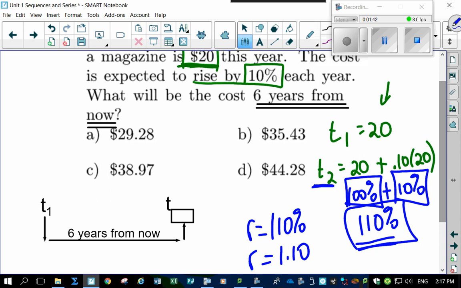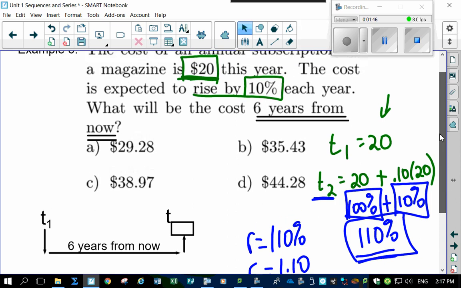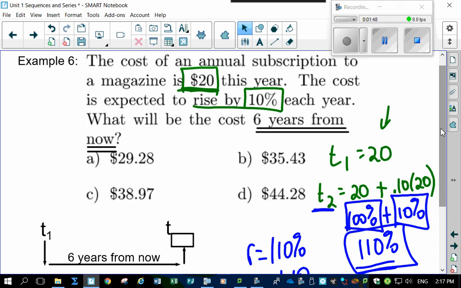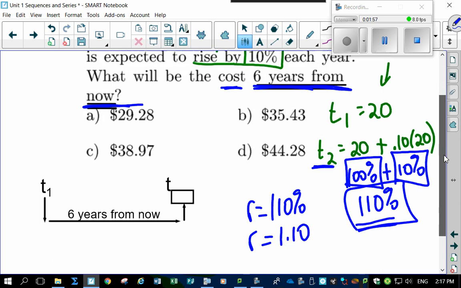Aha, that's really important. Now that we know what the ratio is, let's go back to the question again. It says, what will the cost be 6 years from now? So look at this in terms of T1s.